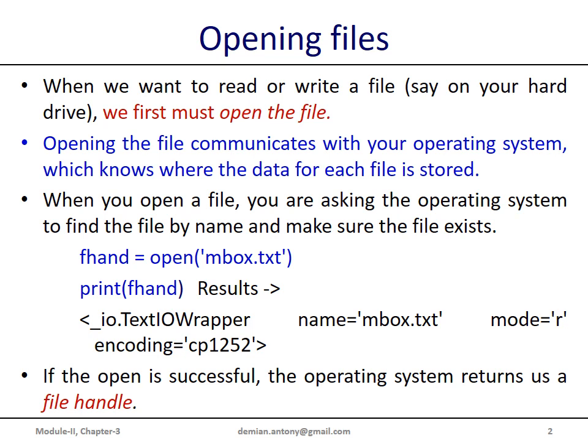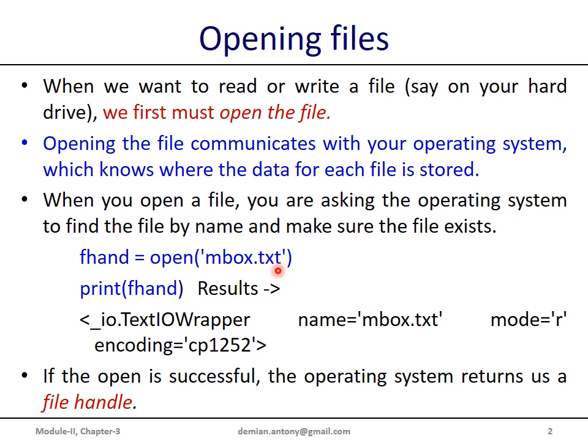It means that API file pointer which tracks the buffer, the space that is provided in the main memory for the entire file or for the segment of the file, equal the variable file handle equal the open method followed by the file name.